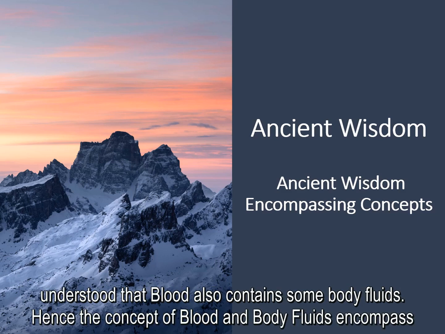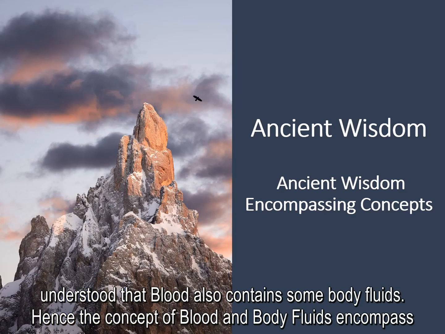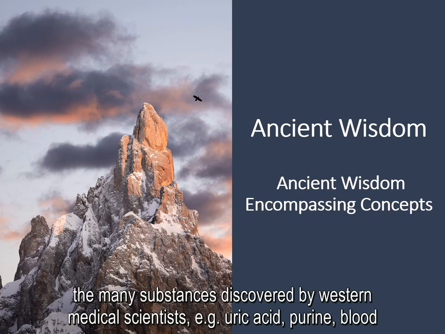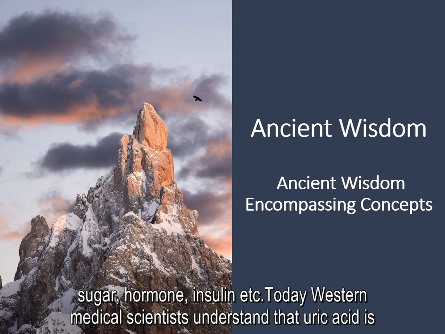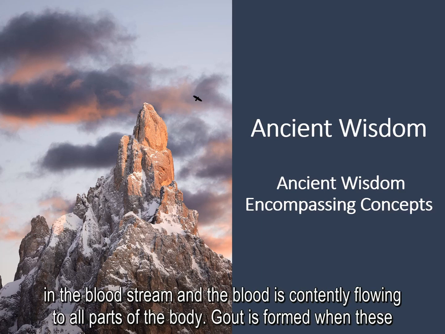It is understood that blood also contains some body fluids. Hence, the concept of blood and body fluids encompasses the many substances discovered by Western medical scientists, for example, uric acid, purine, blood sugar, hormone, insulin, etc. Today, Western medical scientists understand that uric acid is in the bloodstream and the blood is constantly flowing to all parts of the body.